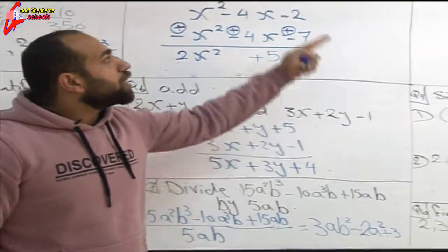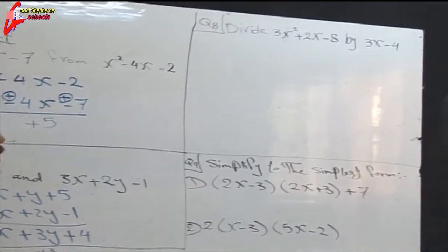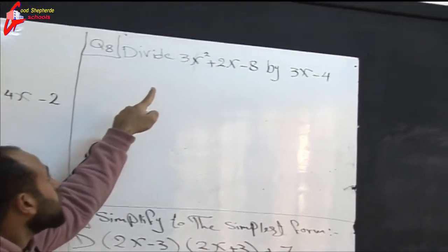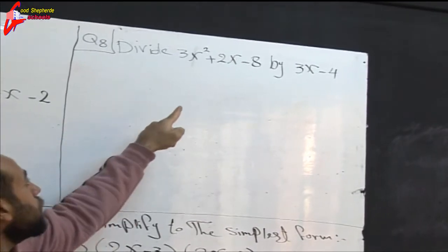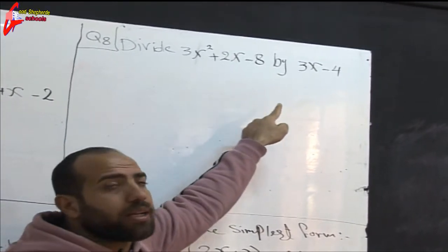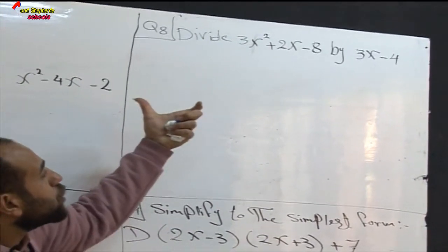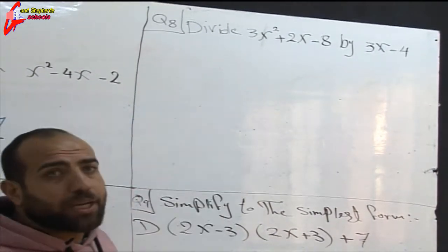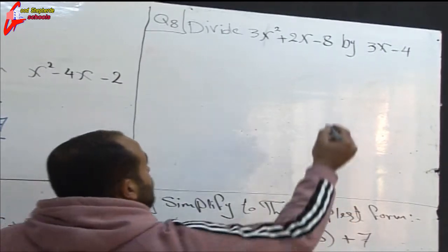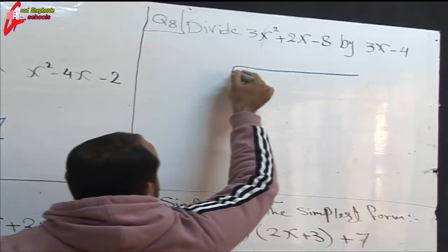Now, question number 8. Divide 3x^2 plus 2x minus 8 by 3x minus 4. It's dividing an algebraic expression by a binomial. So you have to make a long division.